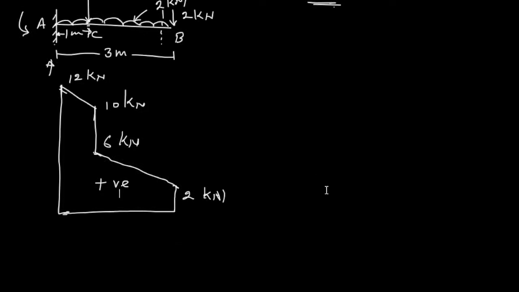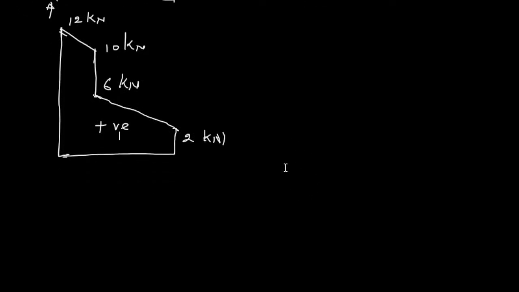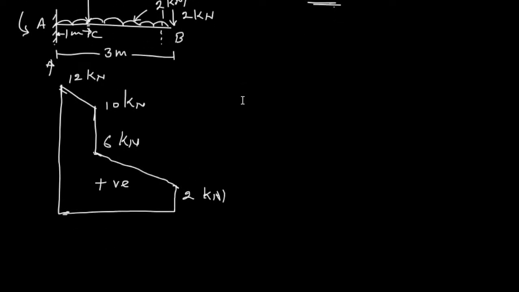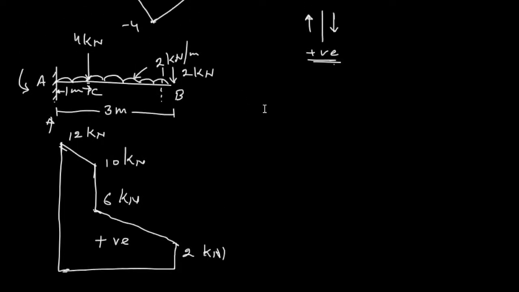Similarly, we can draw the bending moment diagram. Now bending moment at point A is not going to be 0. Bending moment at point B is 0, that is the free end. Then I will calculate bending moment at C. So moment at B is 0, and moment at C I have to find out.